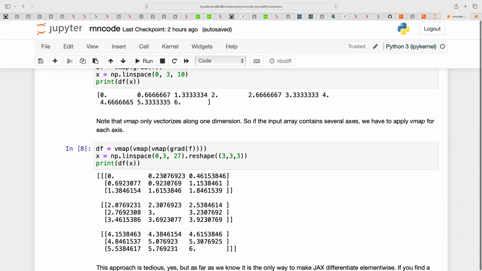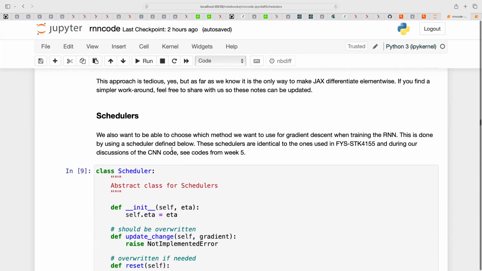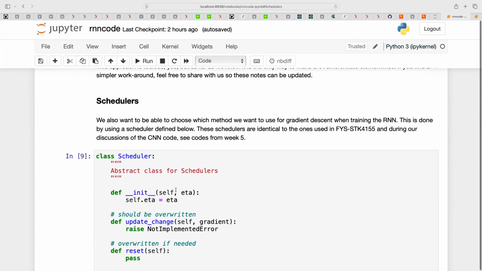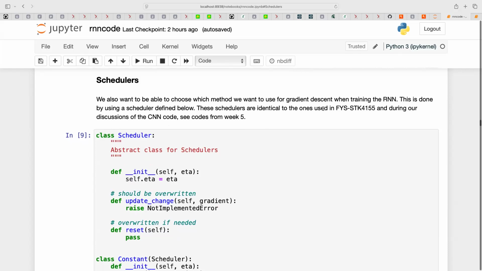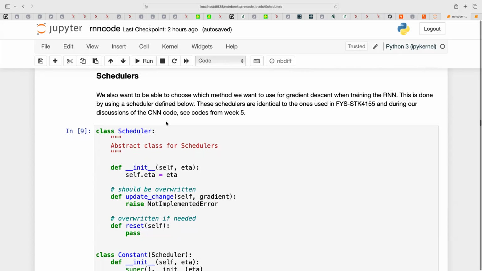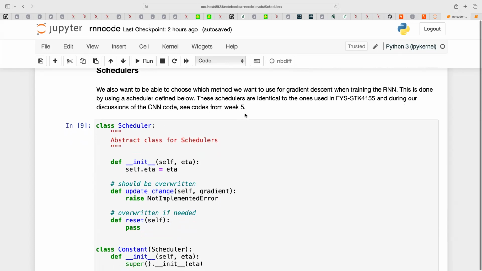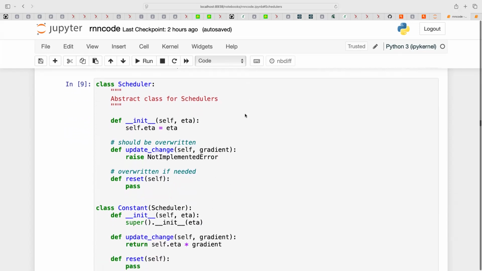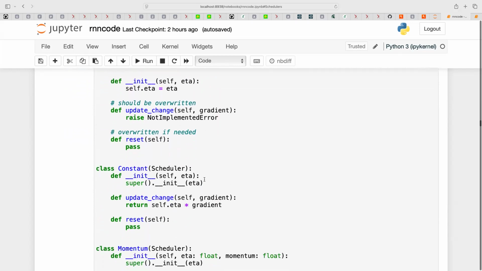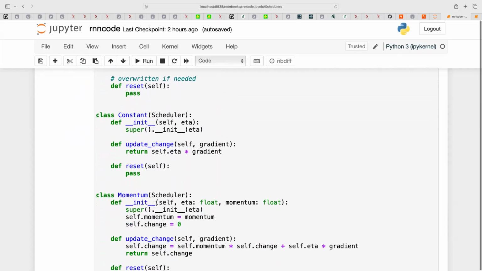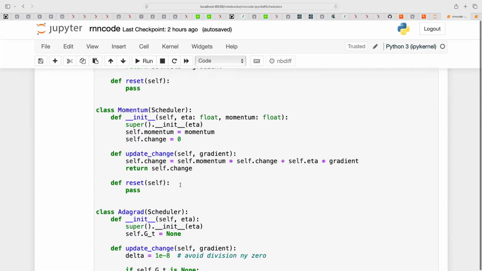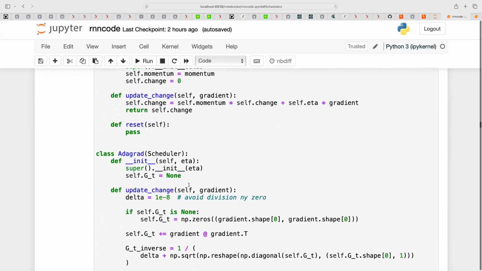Then if you scroll down here, you will find the schedulers, which are the ways we update the learning rate, as before. This is the same as you have seen in FYS but also in the discussion of the CNN code. If you go back to week 5, you will see the same type of functions included there. We have schedulers with a constant learning rate, gradient descent with momentum, and adaptive gradient.